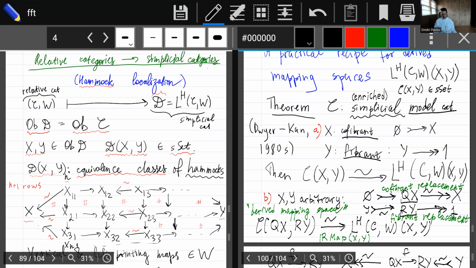And now the second part of the theorem shows that if you want to compute the mapping simplicial set in the hammock localization between two arbitrary objects, then you can simply take the enriched Hom object in your category C from the cofibrant replacement to the fibrant replacement.